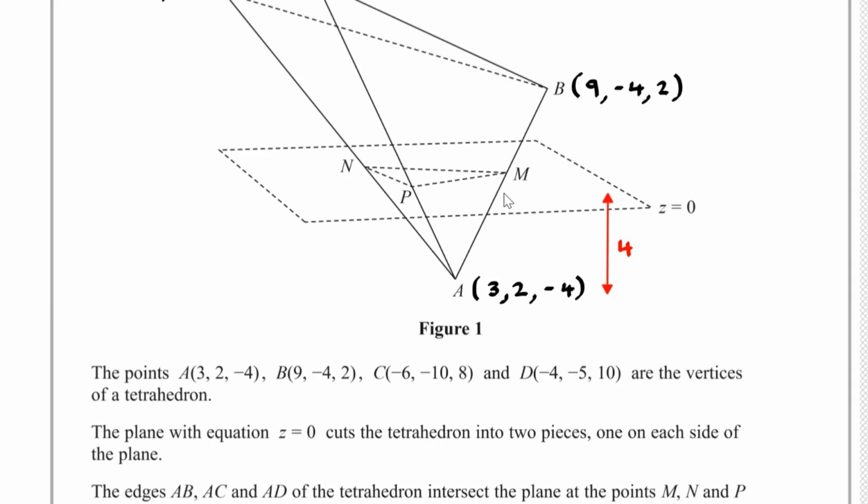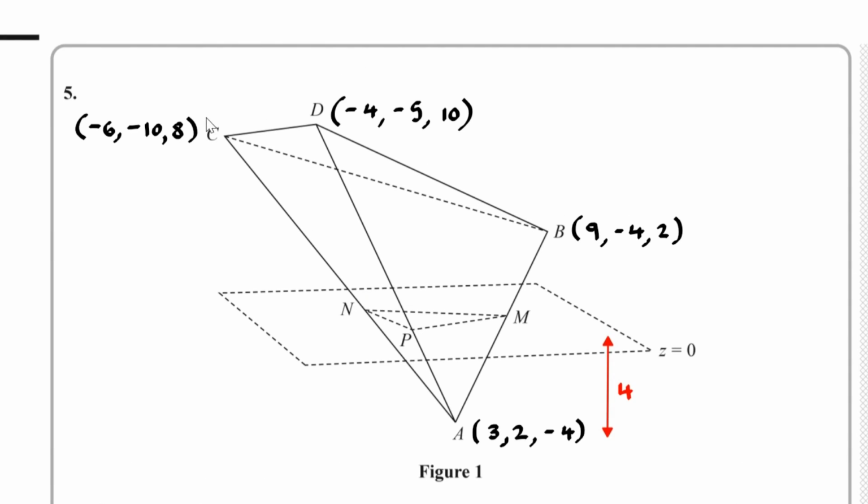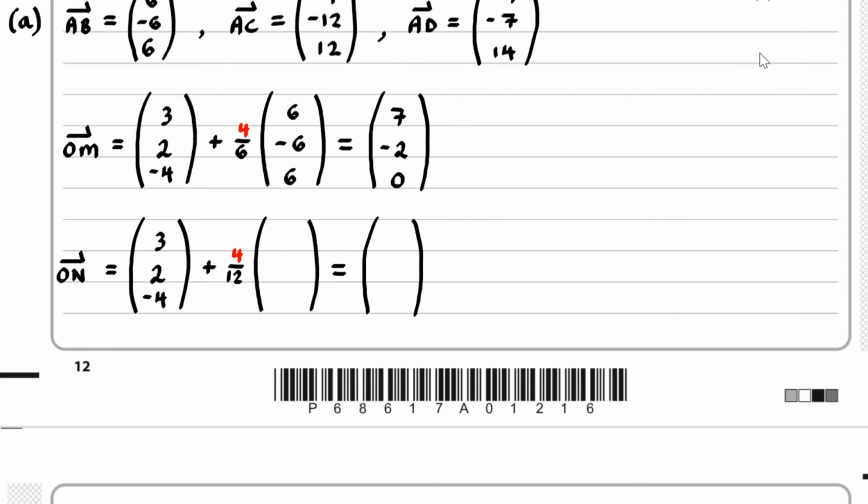Next, we can find out what ON is with a similar argument. Now, from A to C, from -4 to 8, we add on 12, and therefore AN is 4/12 of AC.